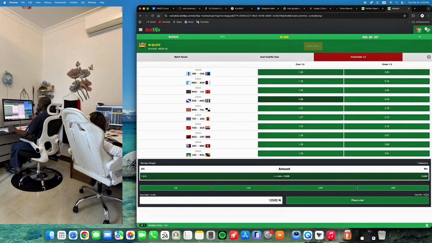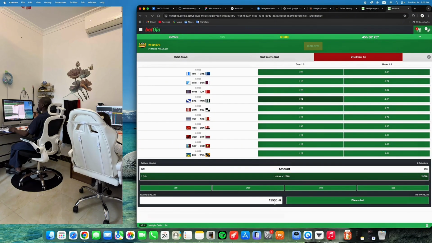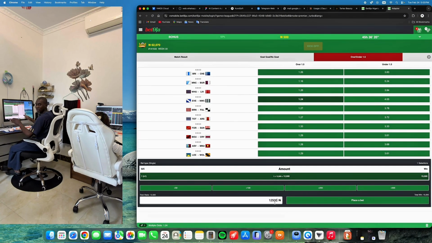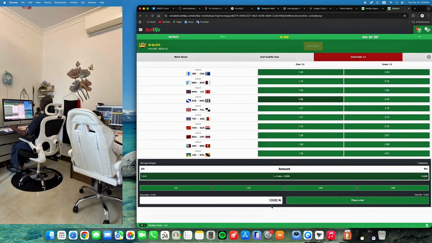Is it worth it to risk 12,500 to want to recover your loss of how much? 3,000. So that's the thing. At this point, it's not worth it. Because if you take this risk and this one also loses now, you have lost 17,500.